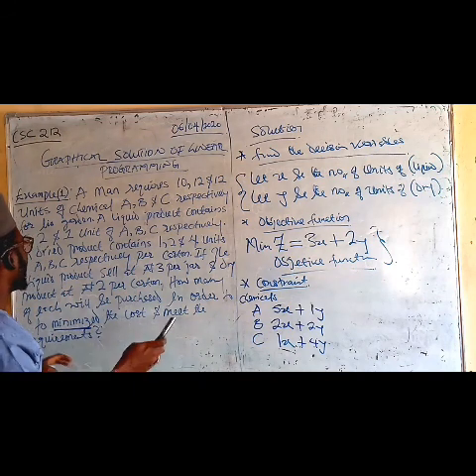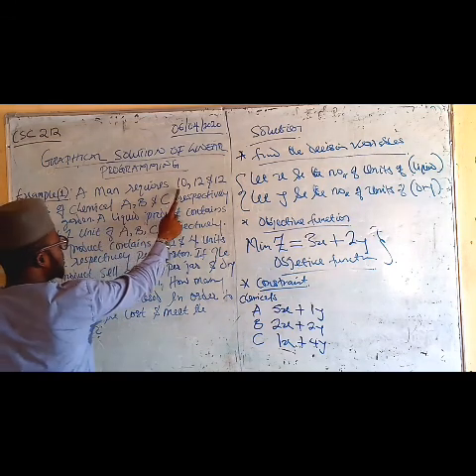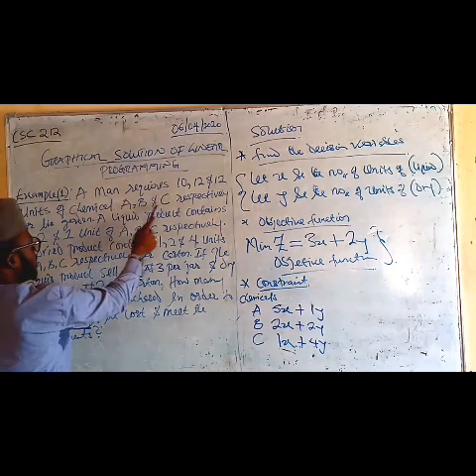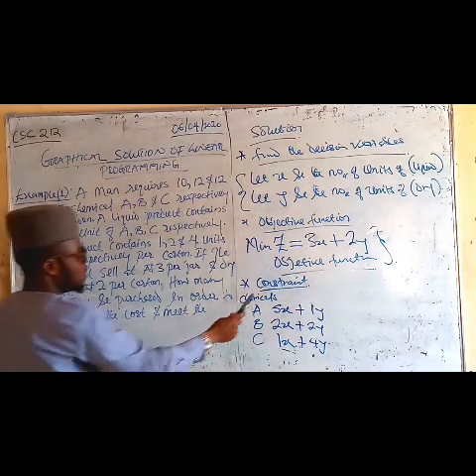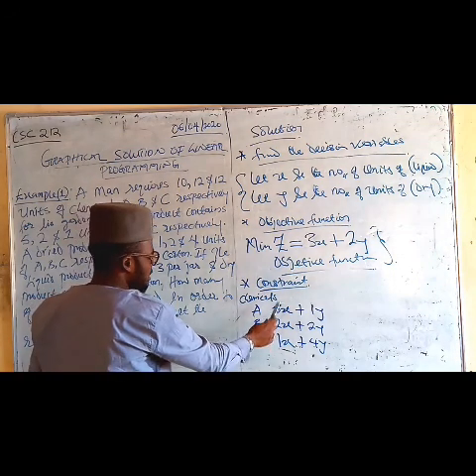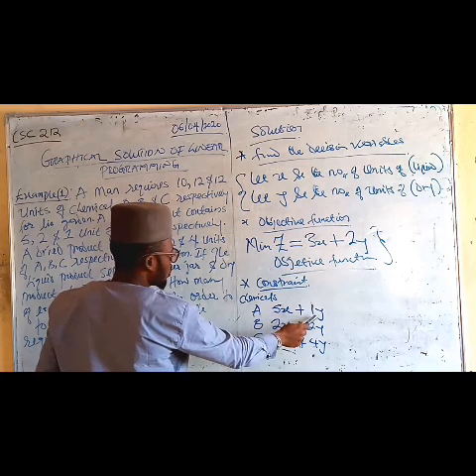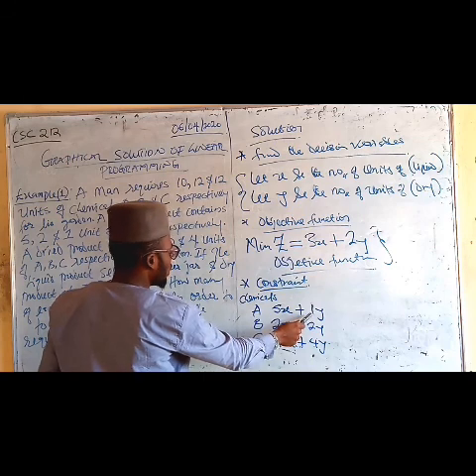And remember, in the problem it is stated that a man requires 10, 12, and 12 units of chemical A, B, and C respectively for his garden. So that means a man requires 10 plus 5 plus 1 unit of both the dry and the liquid product.